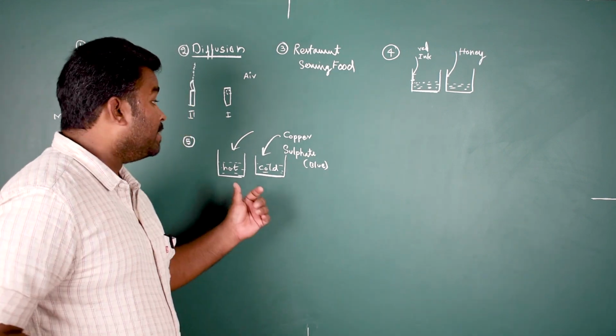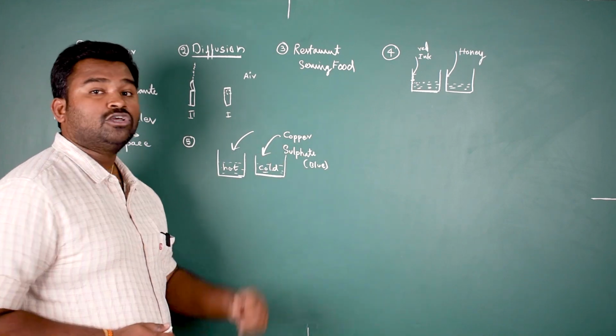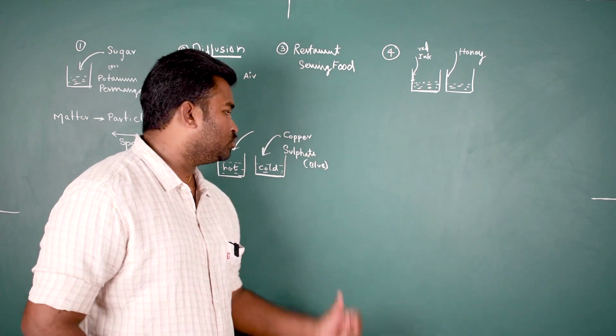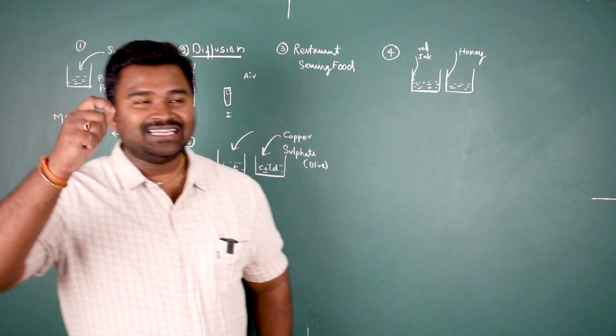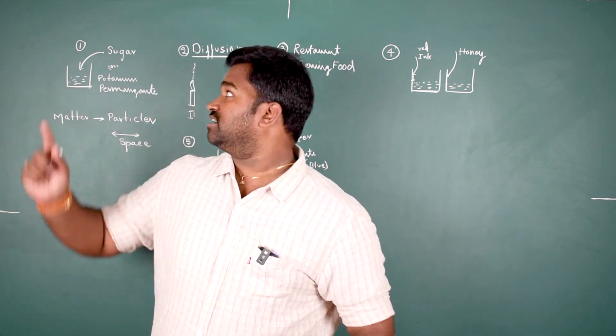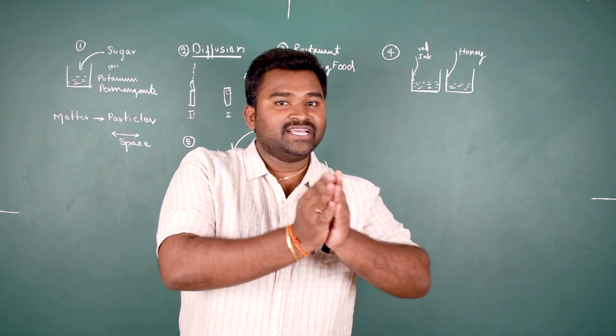Because of that, the hot water gets more diffused with copper sulphate, whereas the cold water gets less diffused with copper sulphate compared to the hot water. So here it tells us that the medium temperature also matters in terms of diffusion. The more the temperature of the medium, the more will be the diffusion.